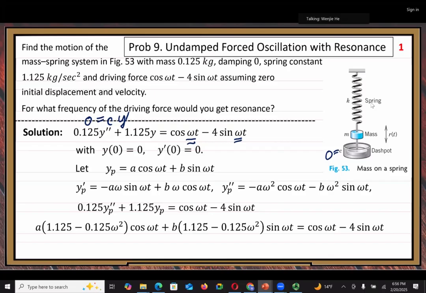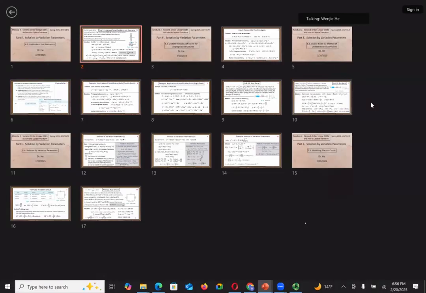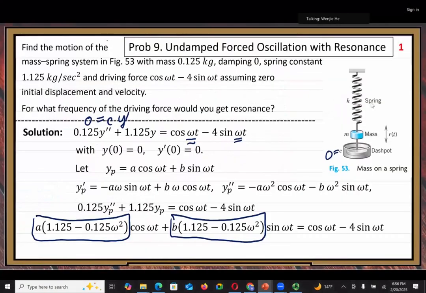On the left-hand side, there is a constant part, then the cosine function coefficient part. The coefficient is 1, the other coefficient is -4, right? Do you feel okay?